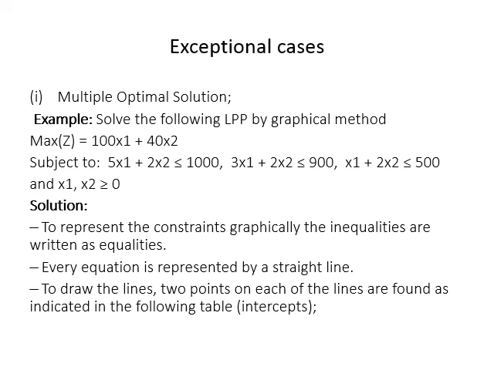To draw the lines, 2 points on each of the lines are found as indicated in the following table. This problem faces 2 decision variables and 3 constraints. Now let's see why this problem is exceptional.